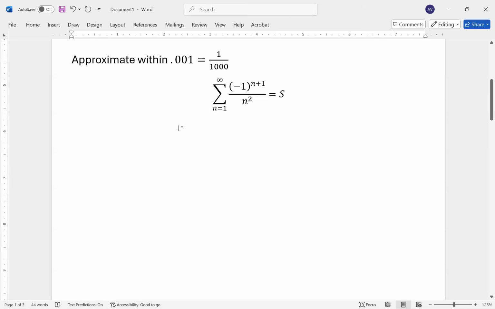So I want to approximate within 0.001 or 1/1000th for this series. And I'm saying, how many terms do I need? I'm not going to actually do the approximation because we'll see in a second, it's going to take quite a few terms.